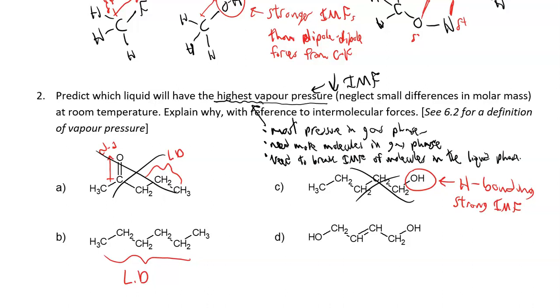So that one's out. And then the last one, part D, same thing. We have this OH hydrogen bond, which makes it strong as well, so that one's out too. The one with the lowest intermolecular forces has the highest vapor pressure.